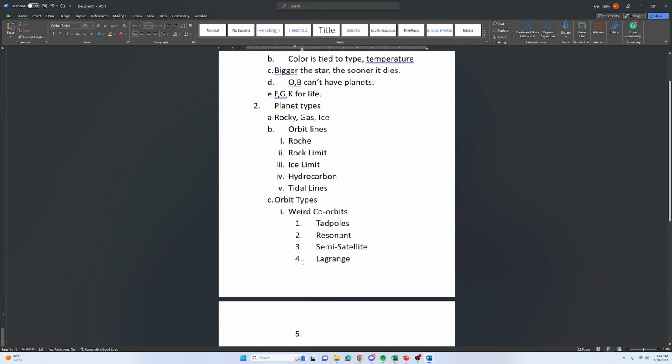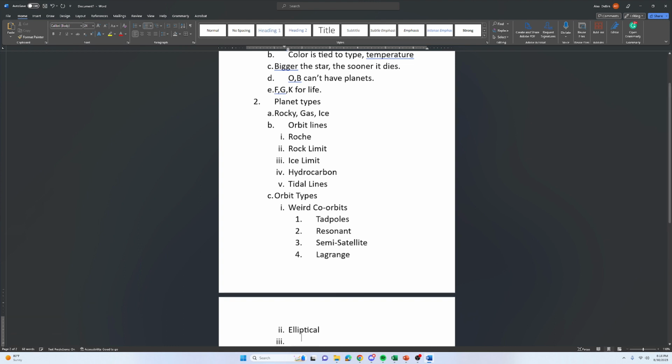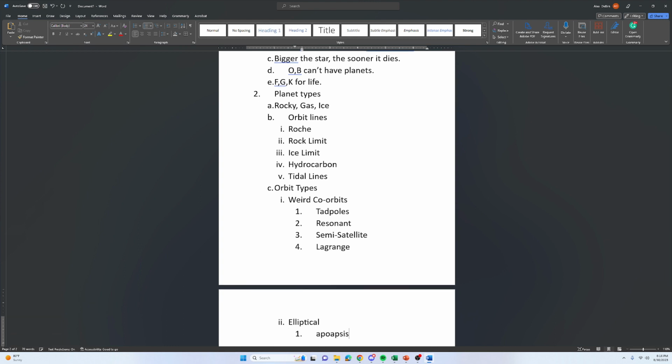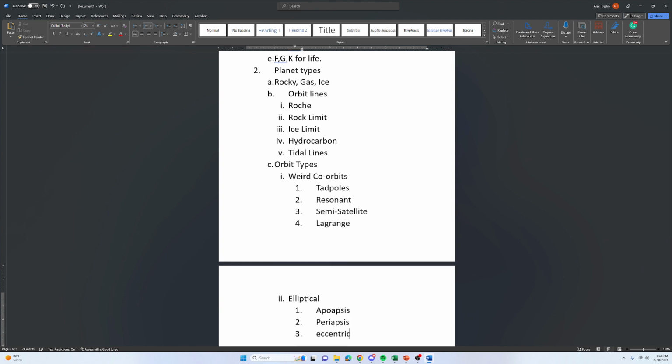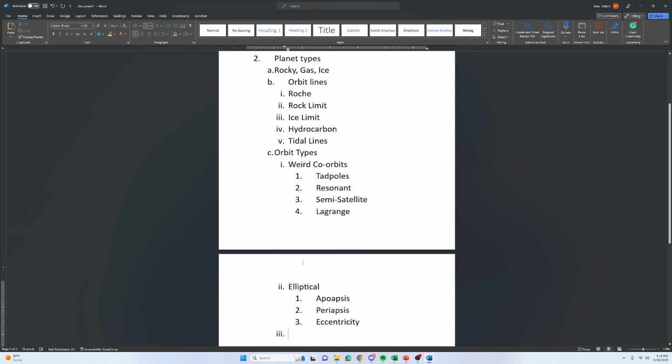Okay? And then beyond that, you had just regular elliptical, where the periapsis is the close point. The apoapsis is the far point, and the eccentricity says how elliptical it is. And then you had the tidal orbits, where you were so close that the planet always points in the same direction as the star.